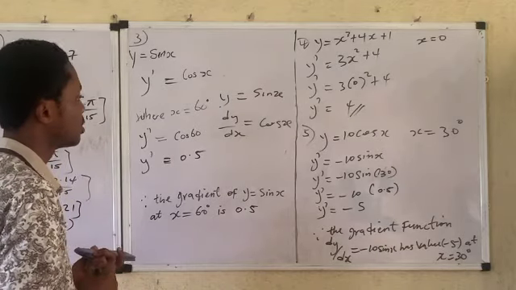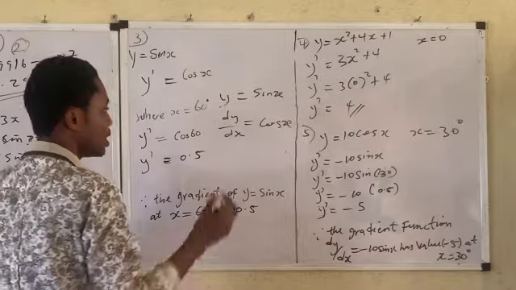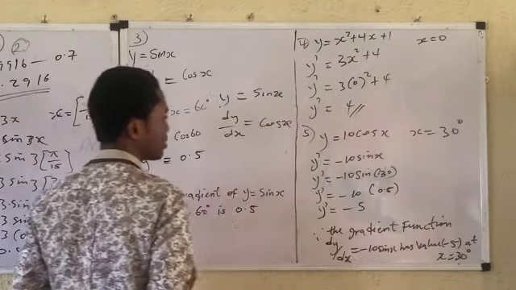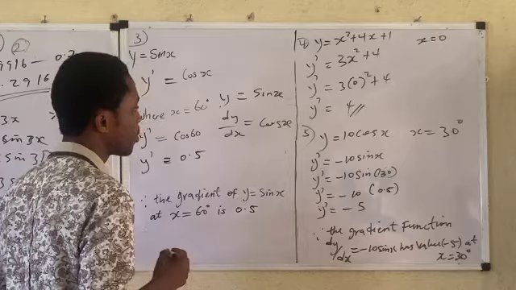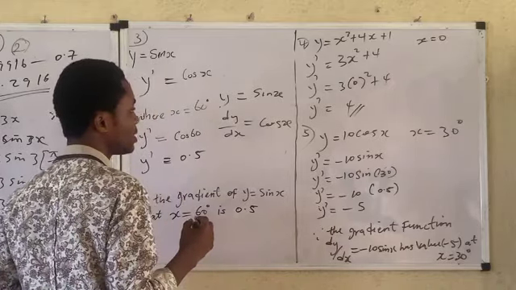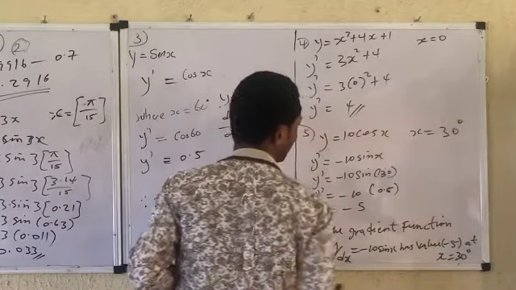Now, question number 5. y equals 10 cos x at a point where x equals 30 degrees.